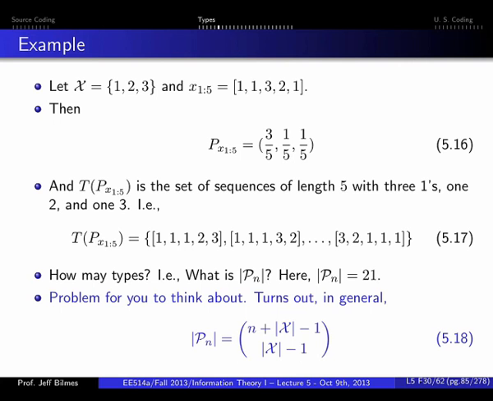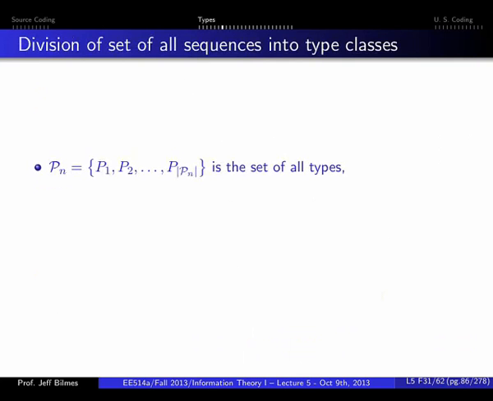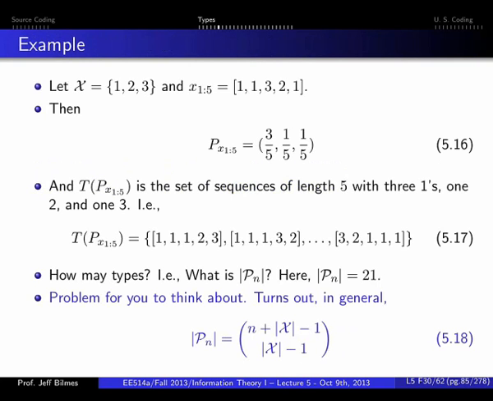How does that work? This is a problem set that you will get, almost certainly tonight. It's an interesting combinatorial enumeration problem, and you should know how to do it.